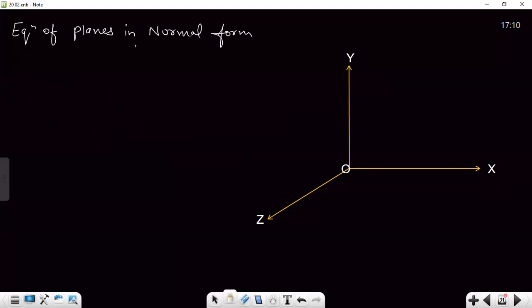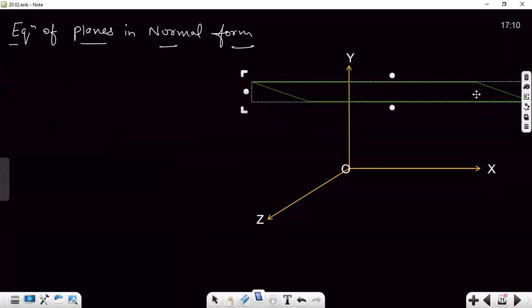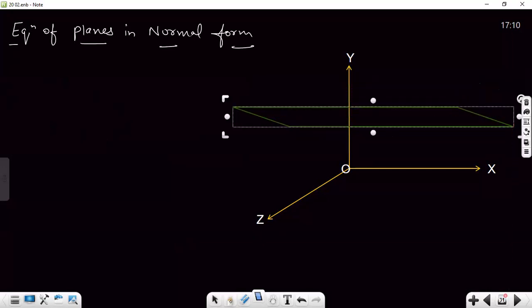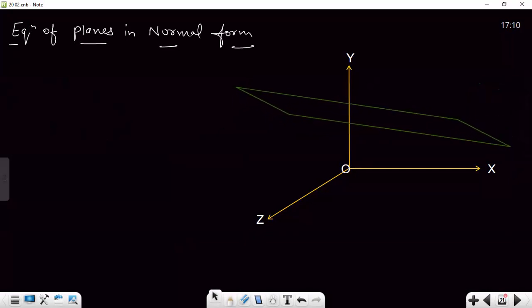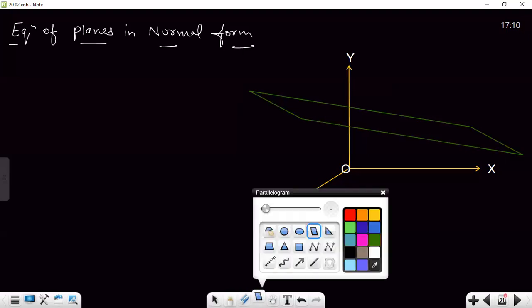Normal form means that we have a plane, and we know the perpendicular distance between the plane and the origin. Let me rotate it a little. We know the perpendicular distance between the plane and the origin.